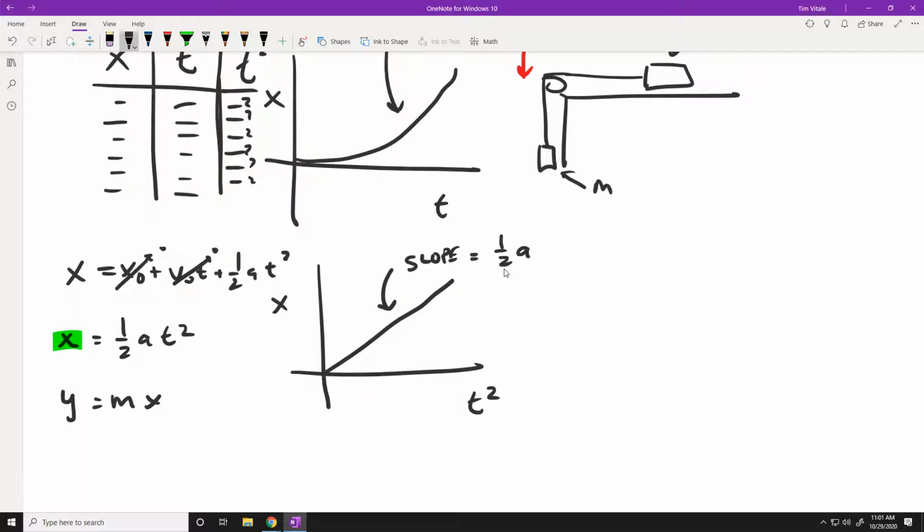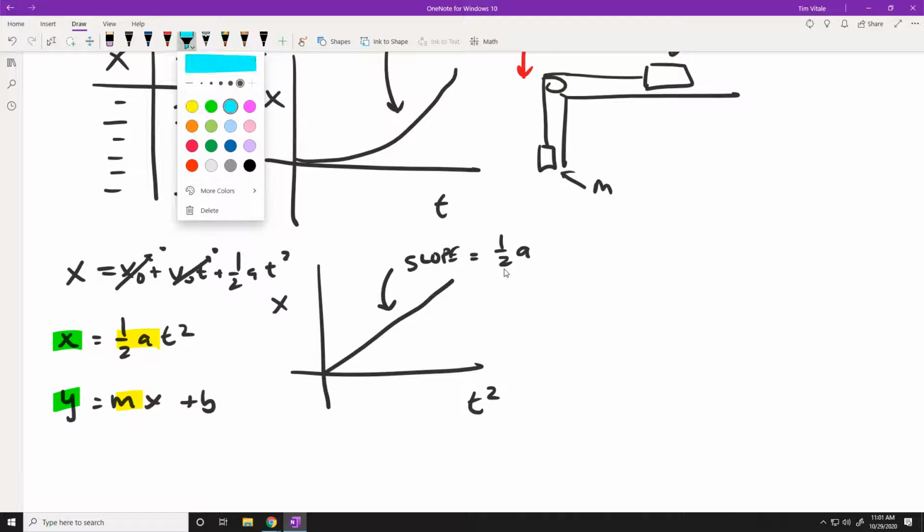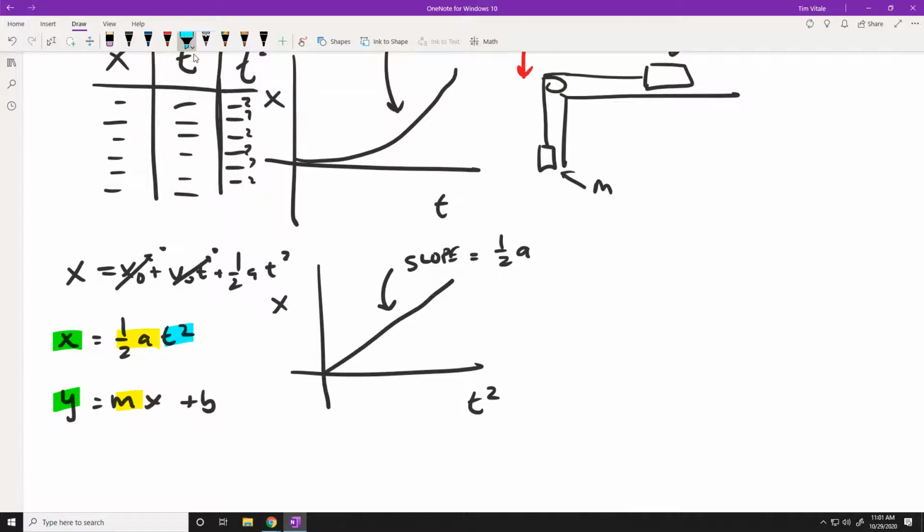This is the equation of a line, right? And then this is my slope, and then this is my x, and then there's no y-intercept because it's 0 there. So that's how I know that the slope is 1/2 times the acceleration.